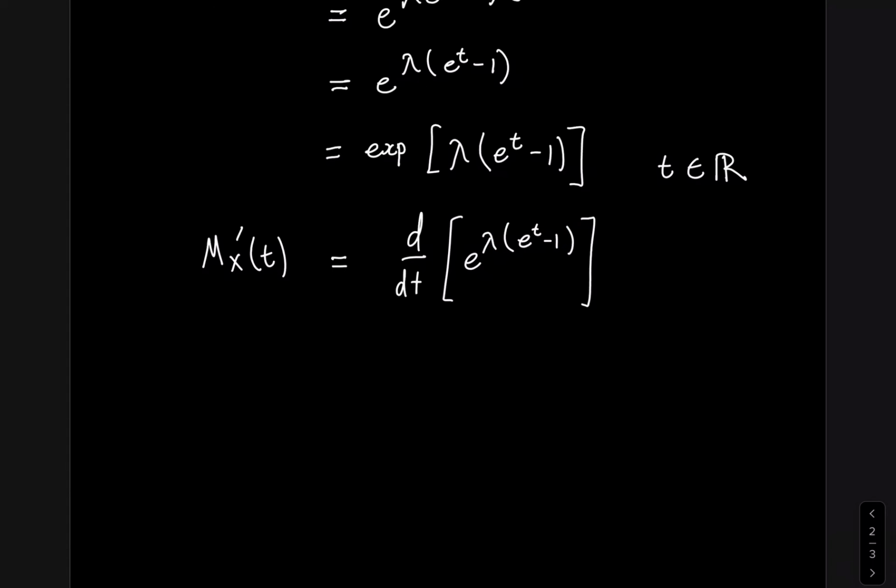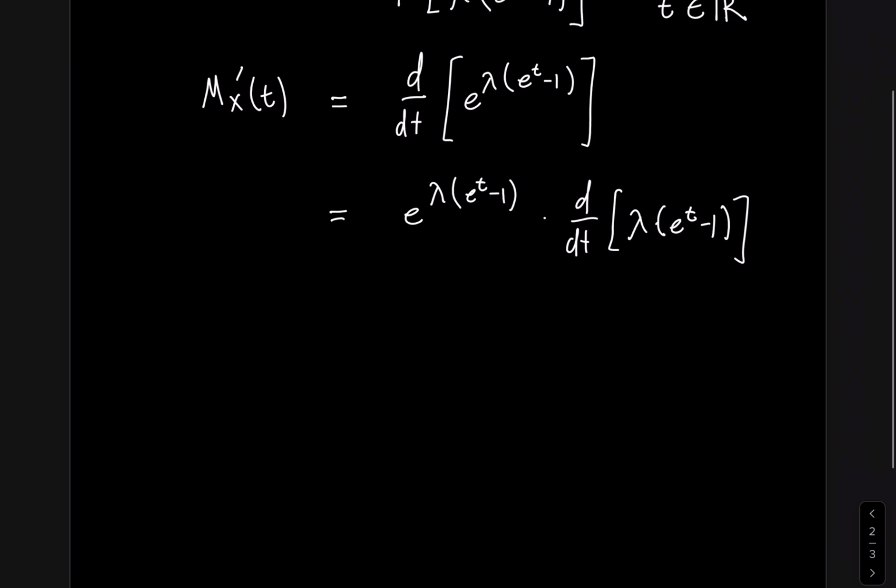We know that the derivative of the exponential is simply equal to the exponential, but then we have to multiply by the derivative of what is inside the power. And then, of course, the exponential expression stays the same, e to the lambda (e^t minus 1).